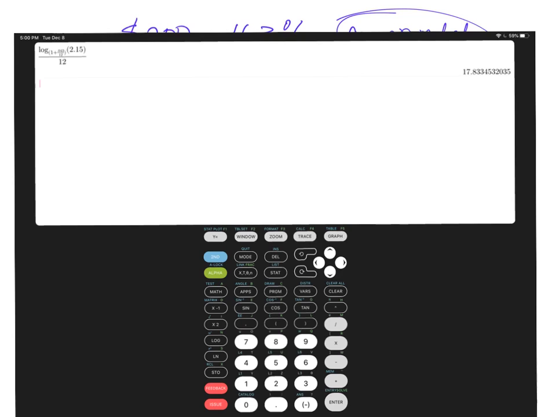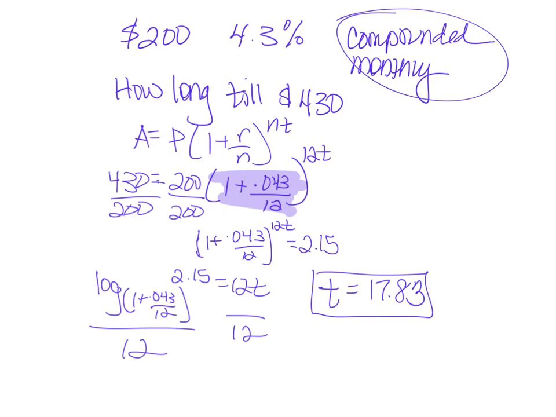And then when you do that, you get 17.833. So it will take almost 18 years, 17.83 years, for the investment to grow to $430.